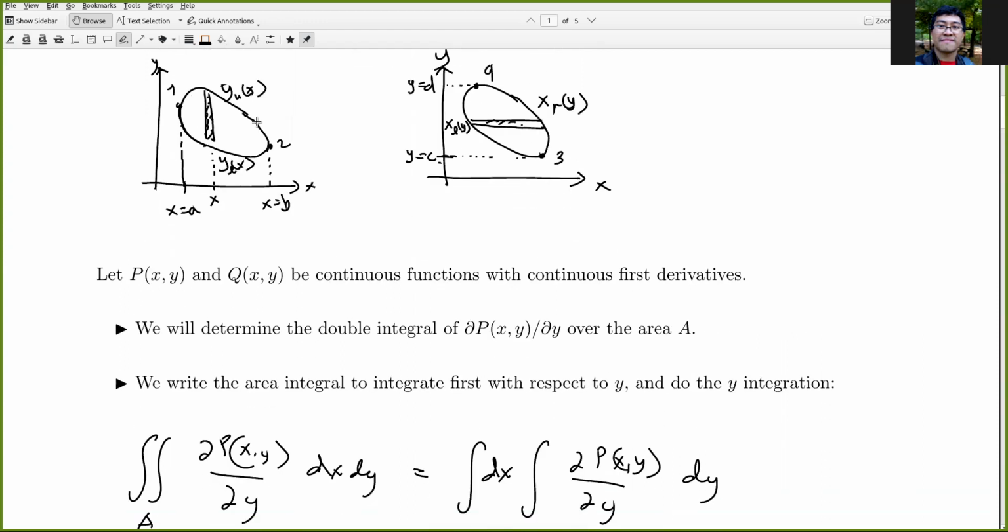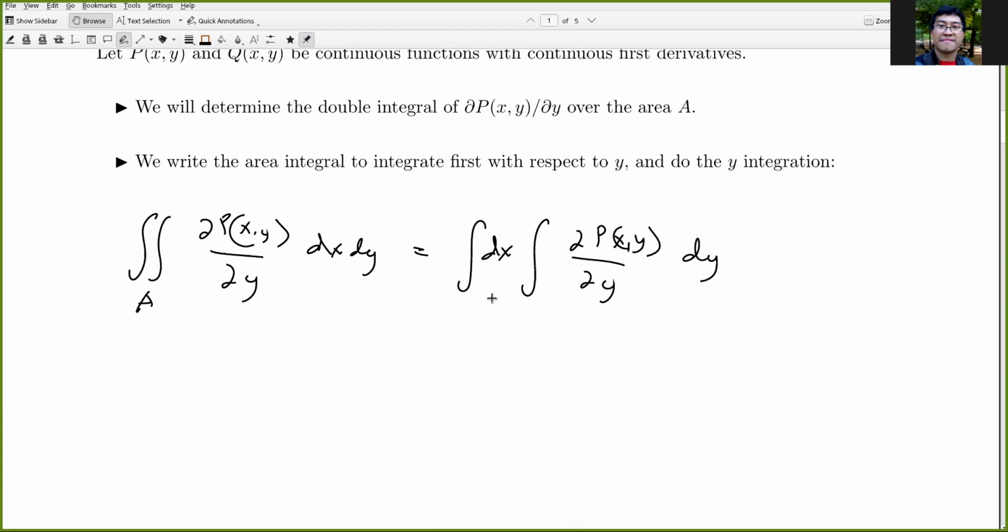And then when we have those values, we can then integrate from x equals a to x equals b. So this is from a to b, and this is from y lower to y upper.